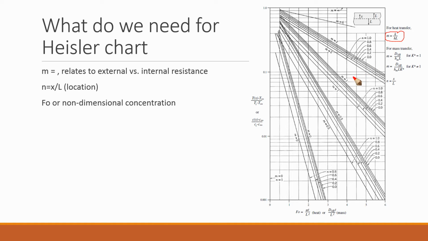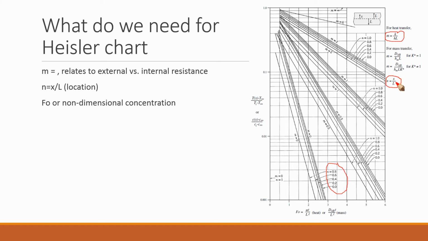Okay. Then once you choose the set of lines, within the set of lines there are a number of lines, and we need to choose the one corresponding to our position. So after we choose based on boundary condition, then we need to choose which position, and position is x, and the n value that you see here corresponds to different values of x.